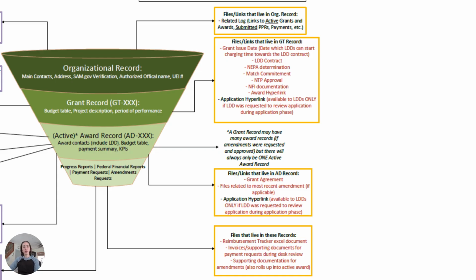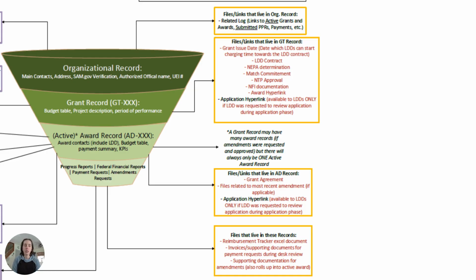Let's start with the yellow boxes. As I mentioned, these are files or links that live in each specific record. I'm not going to go through all of them because you can read through that information, but just highlighting some things.